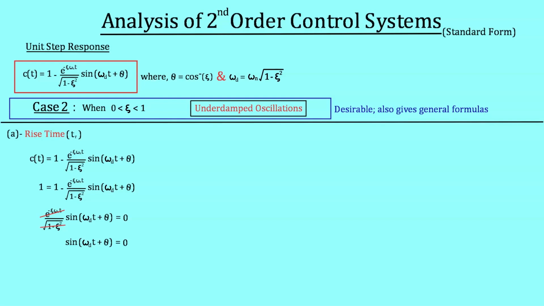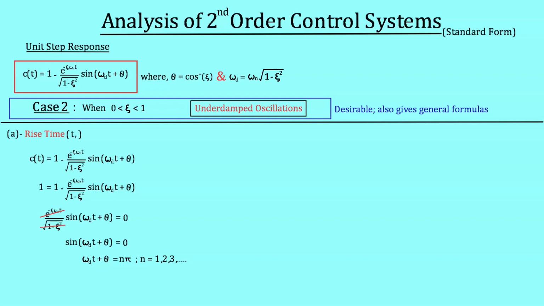Solving this sinusoidal expression, we will get damped frequency omega d multiplied by time t plus theta is equal to n pi, where n is any natural number. But as you saw in the graph also, there are multiple values of time where the output will reach the value 1.